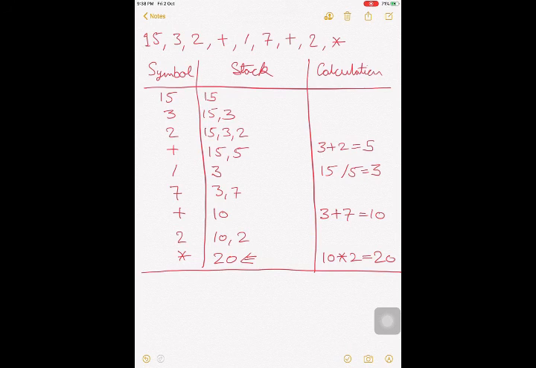Okay, another type of problem in this type is dealing with the true, false and logical operators. Okay, so let us see.